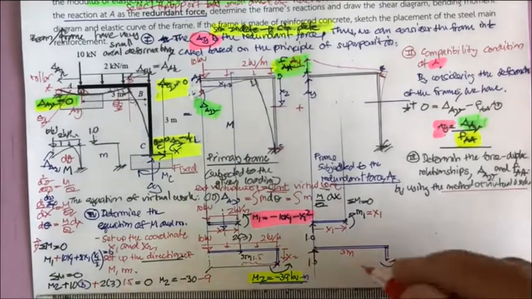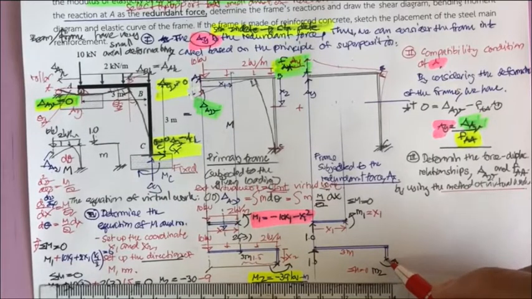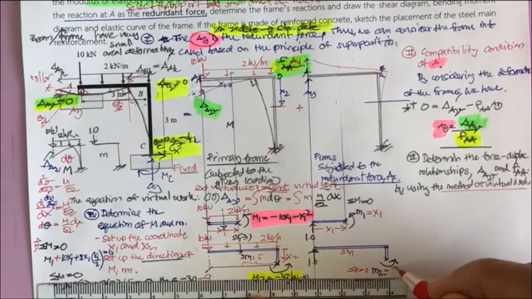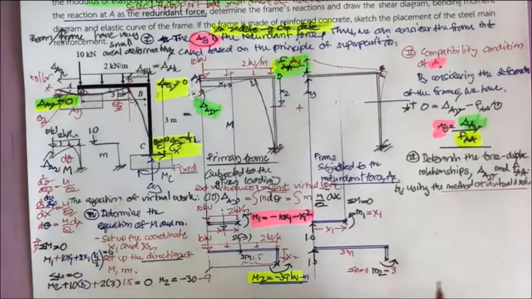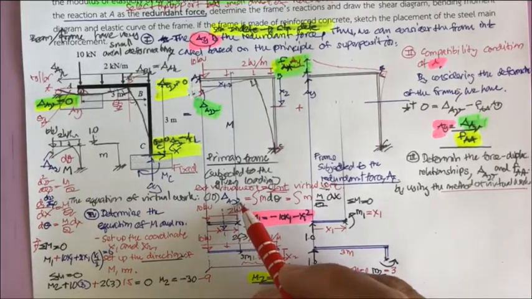And you can see that if you take the summation of the moment equal to 0, take the moment here, this one and this one are going to be opposite. So this one just get 3. Okay, you are ready now to determine the delta A free.